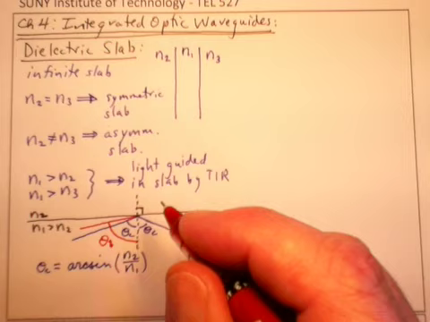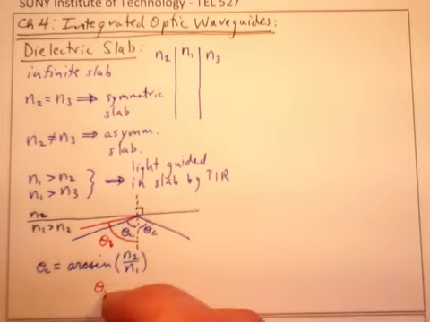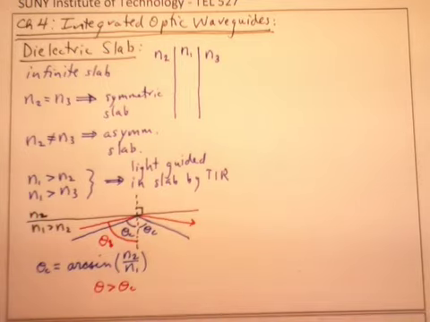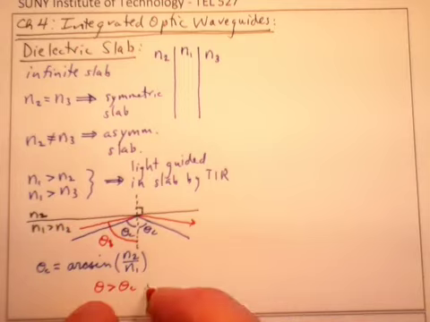Let's just call it theta, and we'll say that theta is greater than theta c. Then that ray will undergo total internal reflection, and there will be no refracted ray. So theta greater than theta c implies TIR.